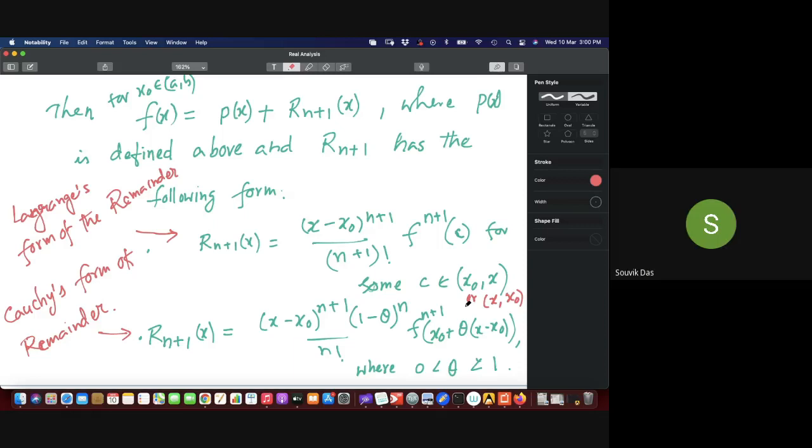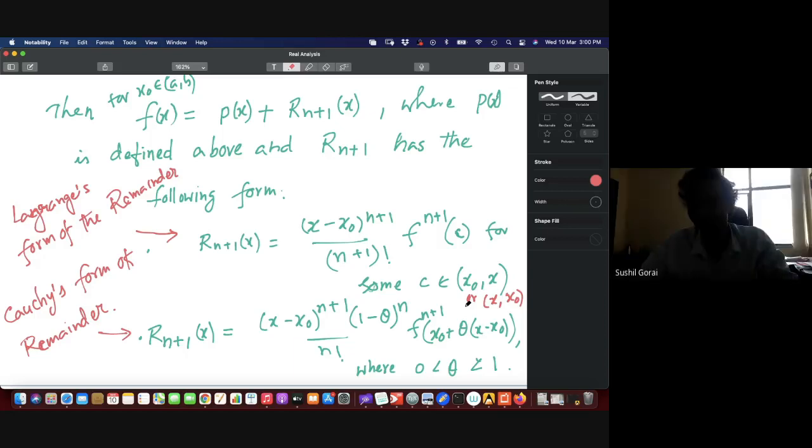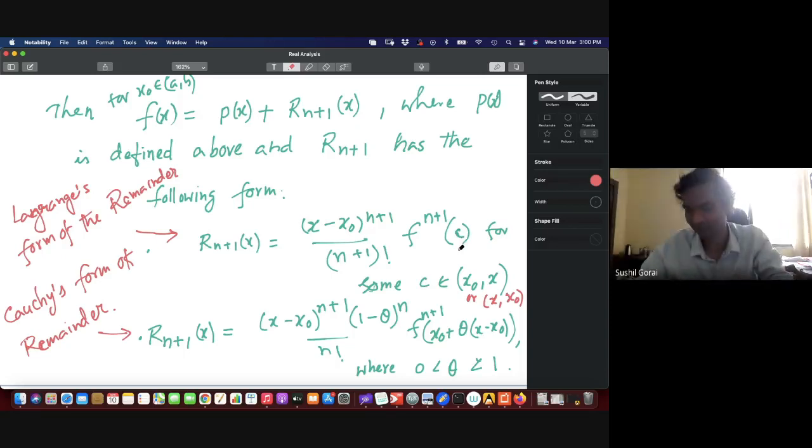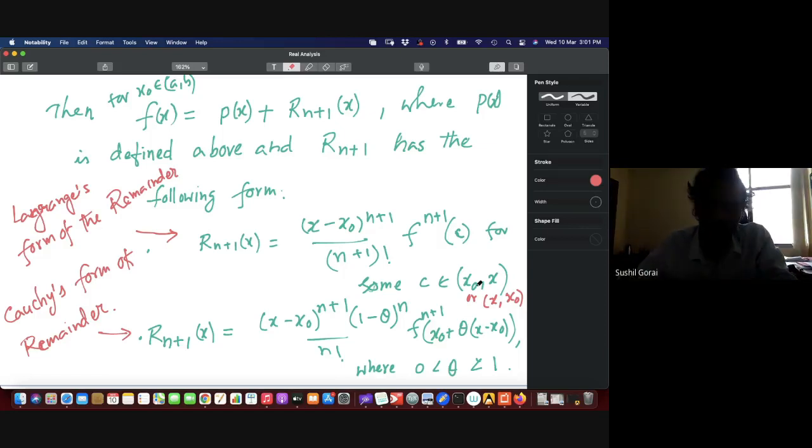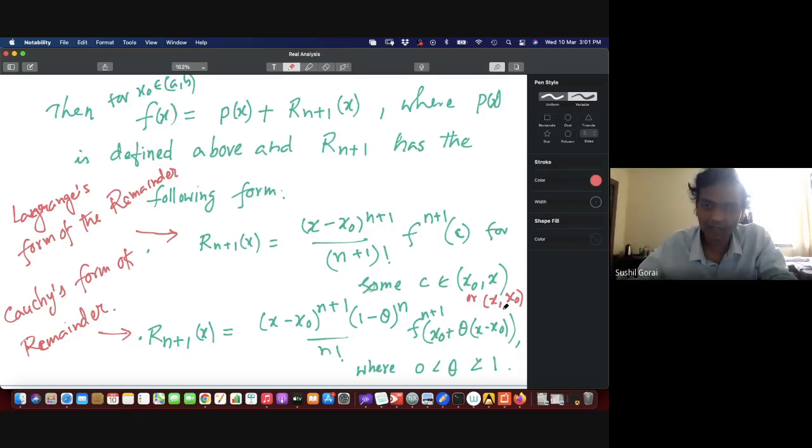Okay. Sir, in the Lagrange's form of remainder, why is x naught less than x? Oh no, this is not true. x naught may not be less than x. See, c belongs to the segment joining x and x naught. See here, I put x naught comma x, x comma x naught.